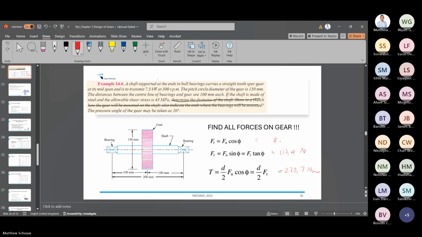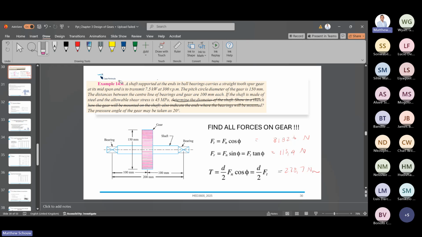Why is it so big? The one below is 1158.4. Oh, okay, that makes sense.